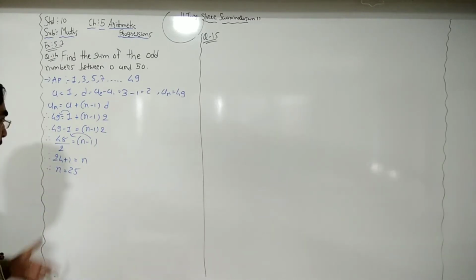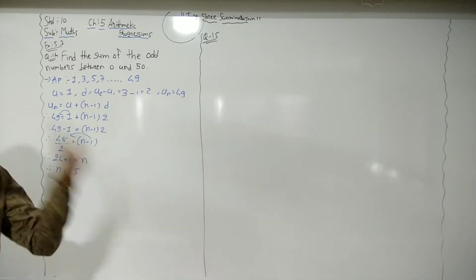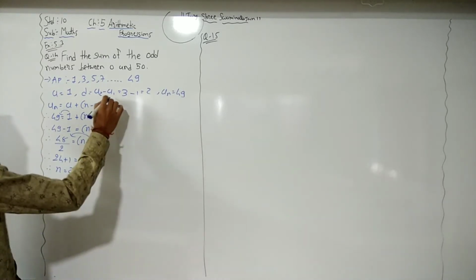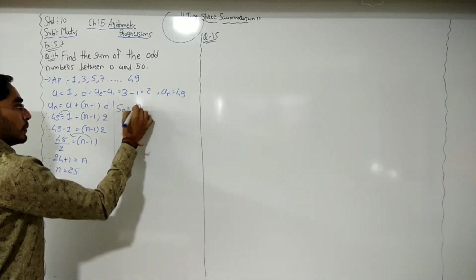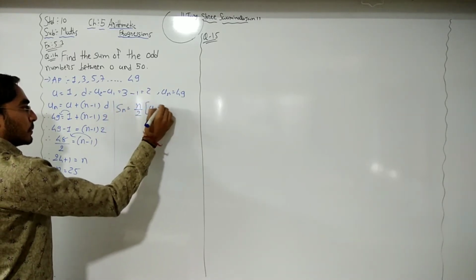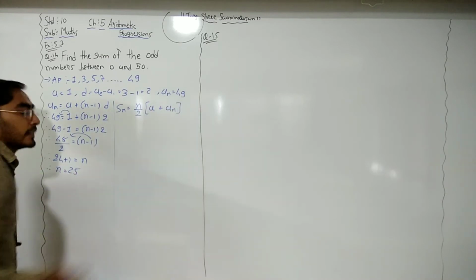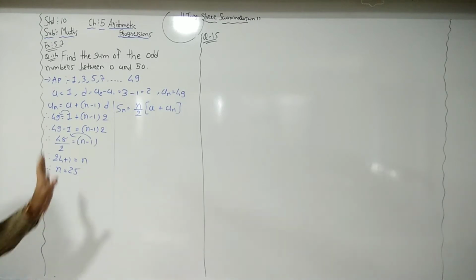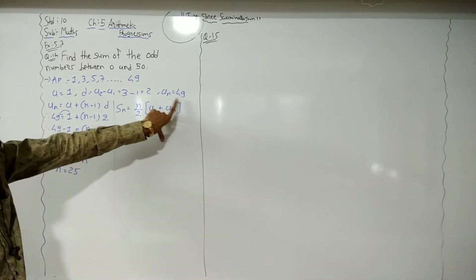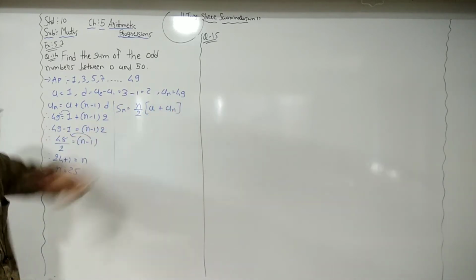Now we need to find the sum of all these terms. For that, Sn is equal to n by 2 times the bracket a plus an. Here we can use the second formula, because we know the value of our last term an.